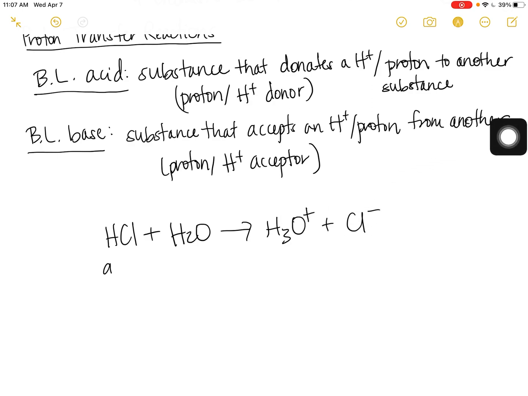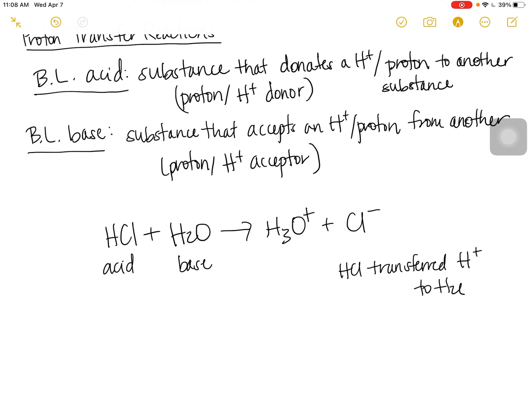And so this would be a Bronsted-Lowry acid because it was a donor of a proton, and water in this case is playing the role of a base because it was a proton or H plus acceptor. So the HCl transferred an H plus to water.